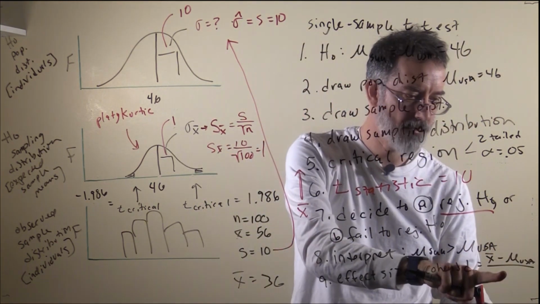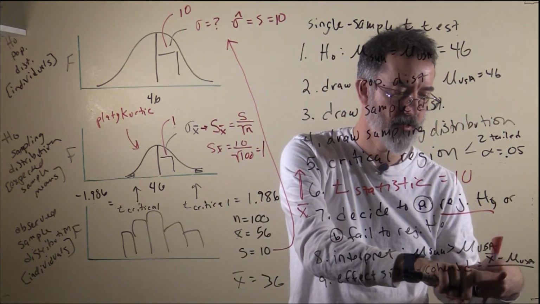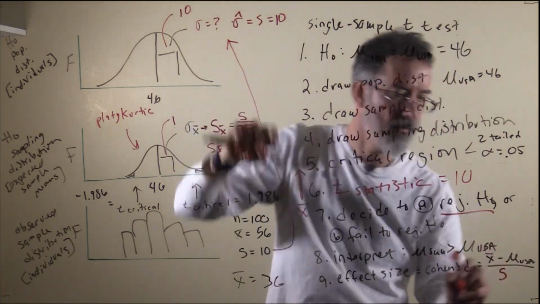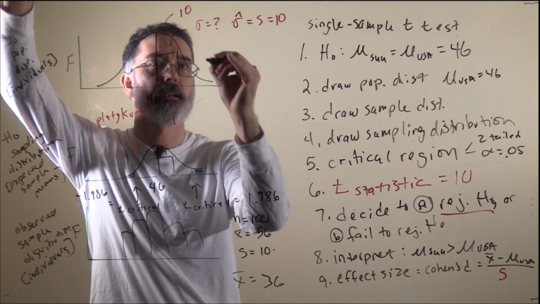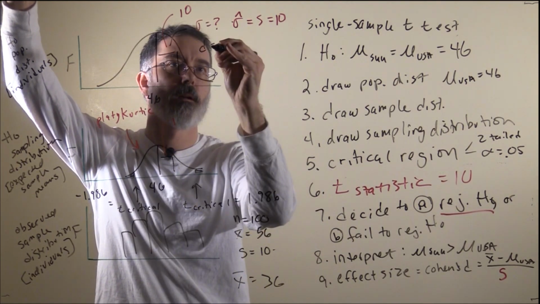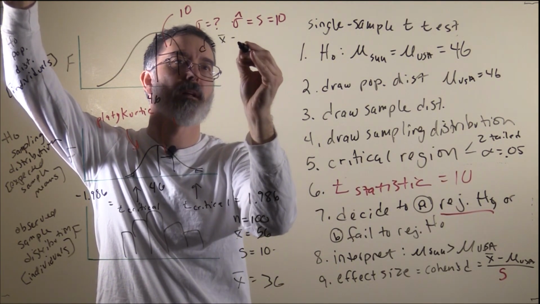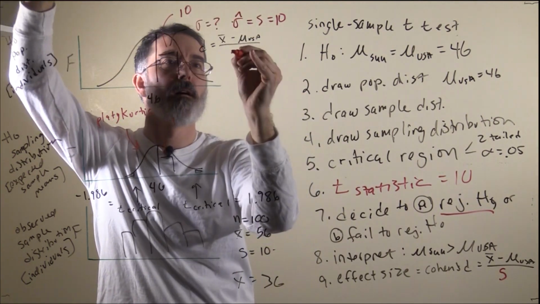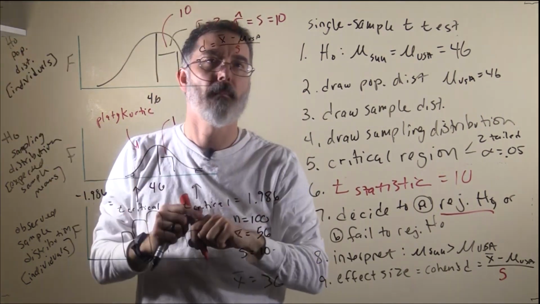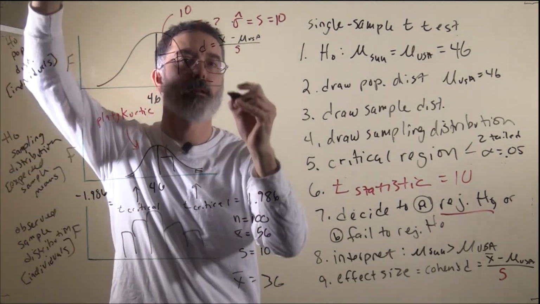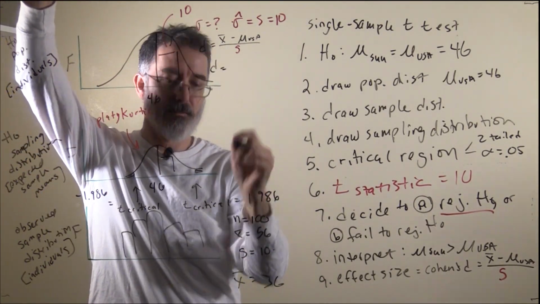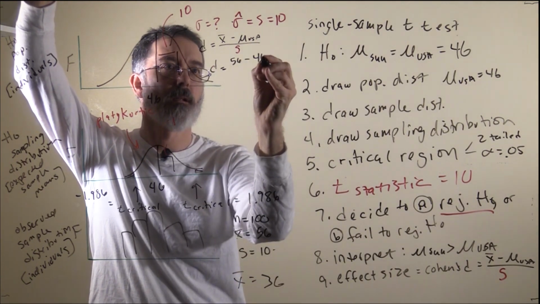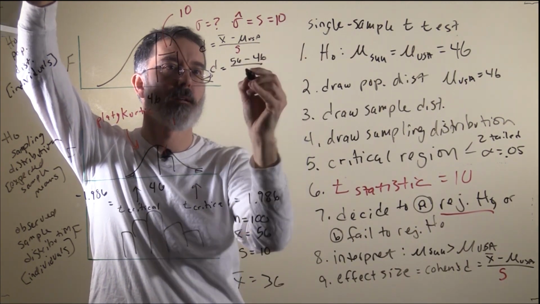And we don't know the population standard deviation in this case, but what we do have is our sample estimate. So we'll put that on the bottom. So we'll calculate Cohen's d up here. So that was the sample mean minus the population mean divided by, now we have to use our population estimate based on our sample. So Cohen's d equals 56 minus 46 divided by 10.